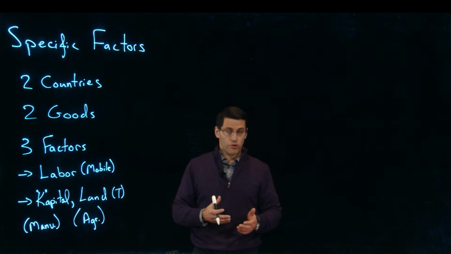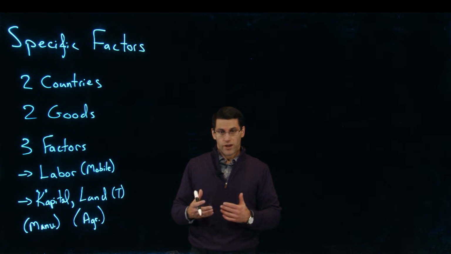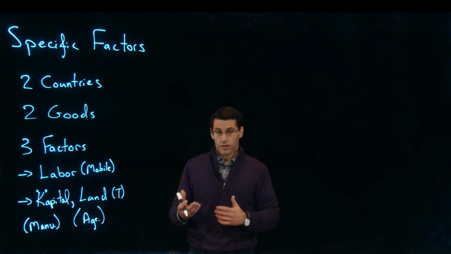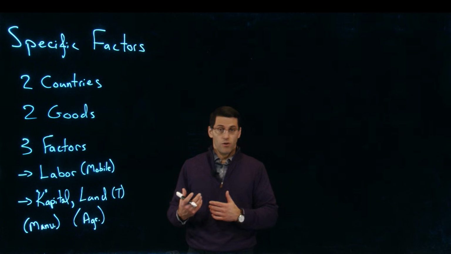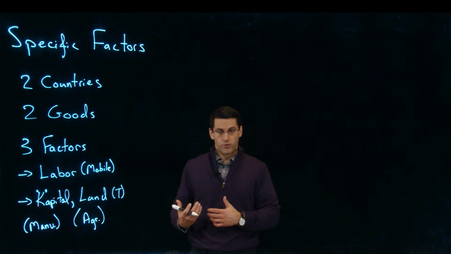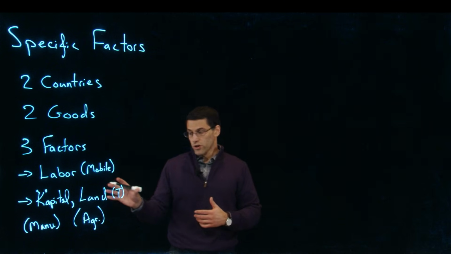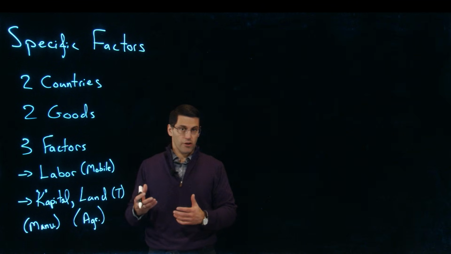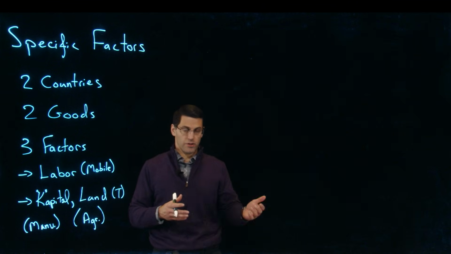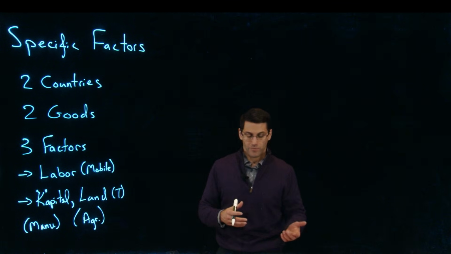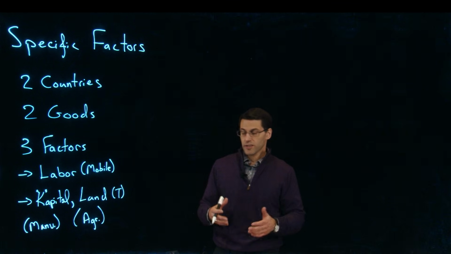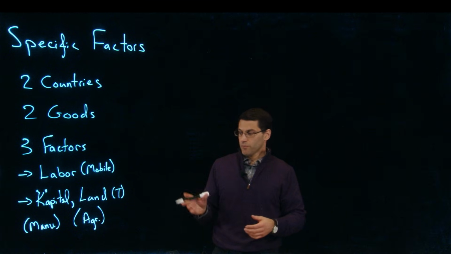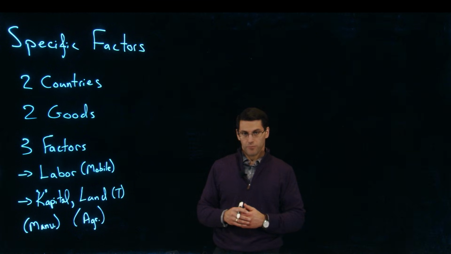So later on in the course, when we look at the effects of foreign direct investment, right, so capital inflows, or immigration, labor inflows into a country, we're going to use this model for our short-run analysis. And we're going to use the Heckscher-Ohlin model, which we will develop in the next video, for the long-run analysis. So we do get some interesting insights and some mileage, if you will, out of this specific factors model.